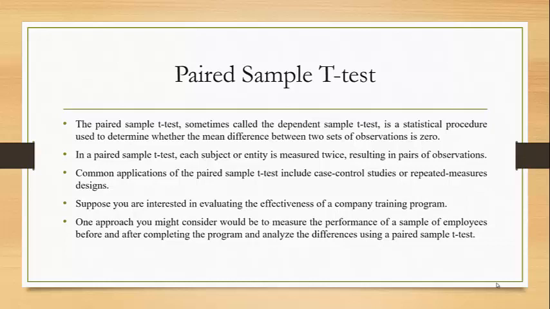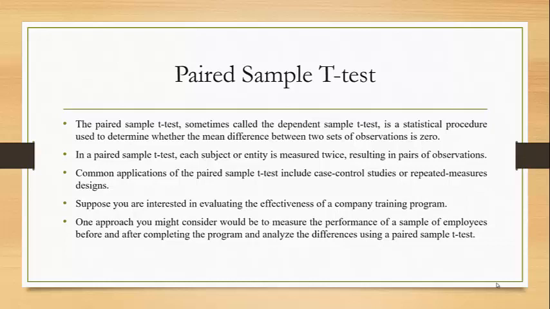So you will have two sets of variables, performance before training and performance after training. The subject entity will be the same employees, but the measurement has a different timing, for example before and after. So in paired sample t-test, each subject or entity is measured twice. Therefore, it results in pairs of observations.